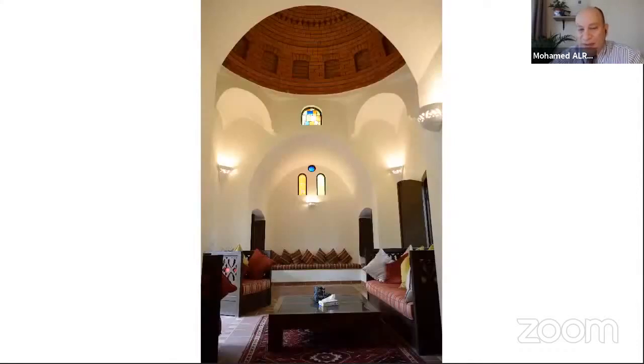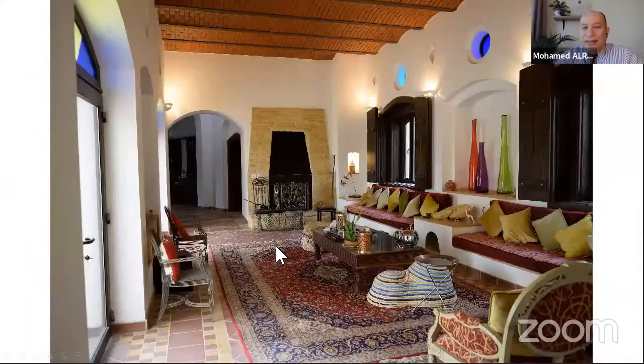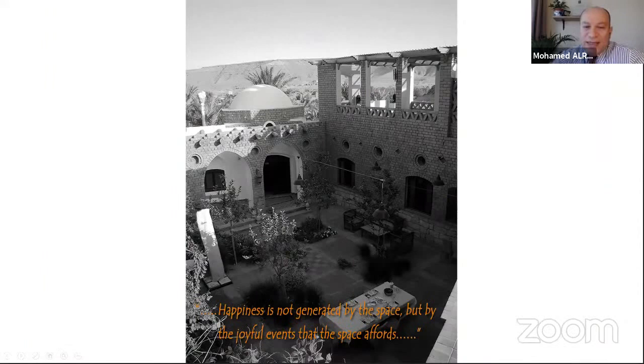This is the interior of it. It is very simple. You can feel intimacy. It is very close to your soul. And here another message says that happiness is not generated by the place, but by the joyful events that the space affords.